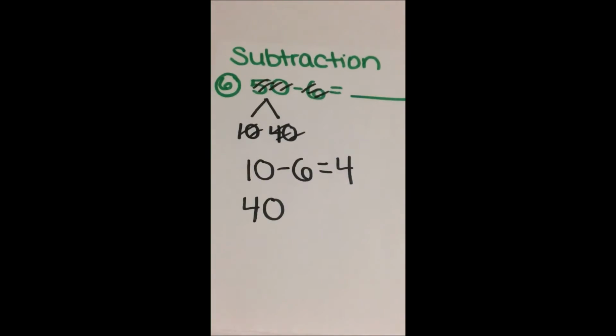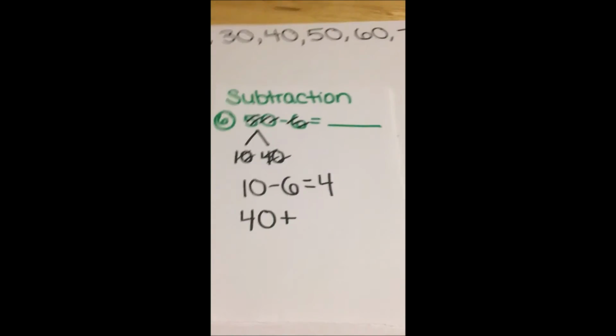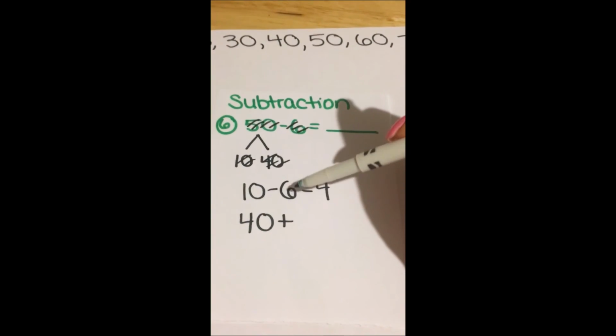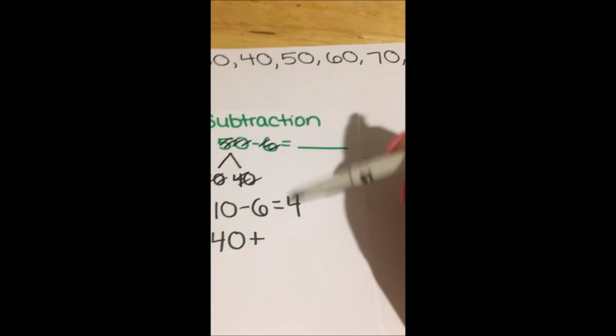Now we have our second number, which is 40. We're bringing him down. And we have to add this time around. Which number do we use? I crossed out all these. I used the 10. I used the 6. Oh, I didn't use the 4.